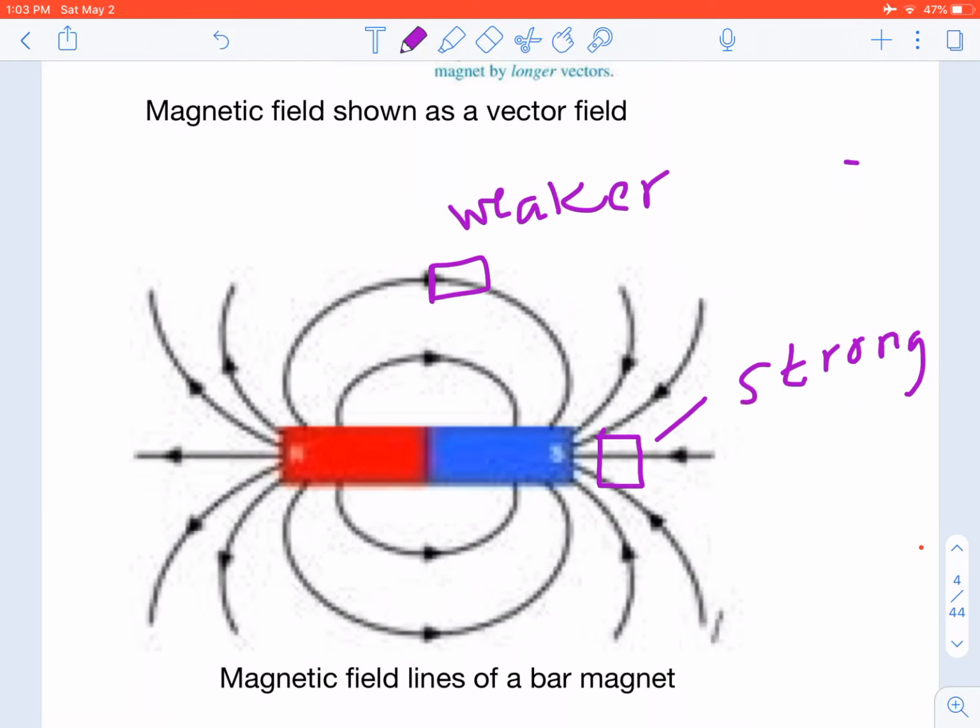We want to know the strength of the magnetic field in different areas, because once we know it in different regions of the magnet, we have an indication of the force that will be exerted on a magnetic substance anywhere in that field. When you go to grade 12, you will deal with magnetic fields and the forces that a magnet exerts on a magnetic substance in a specific region of the magnetic field.